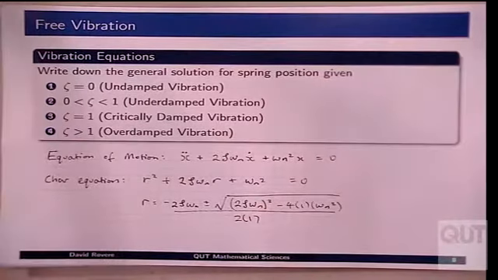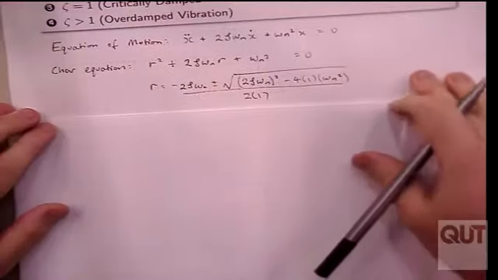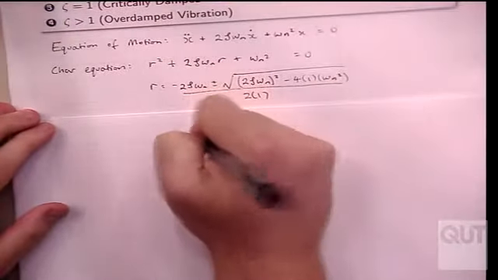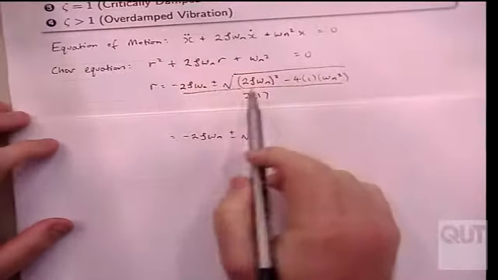These are the roots to our characteristic equation. Now we'll see if we can simplify these roots a little bit. What do we get here?